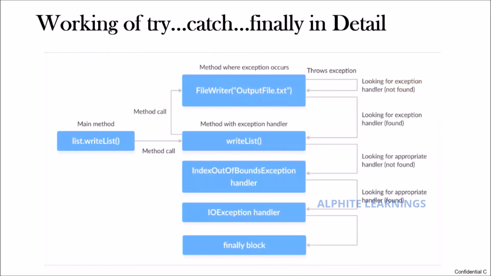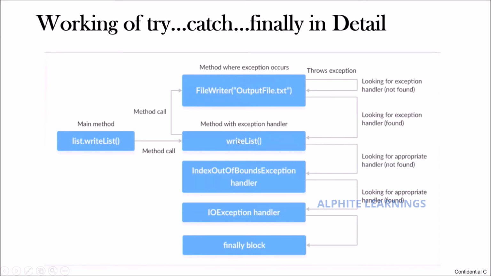So this is an overall view of try catch finally. Let us consider from the main method, list dot write list is called.